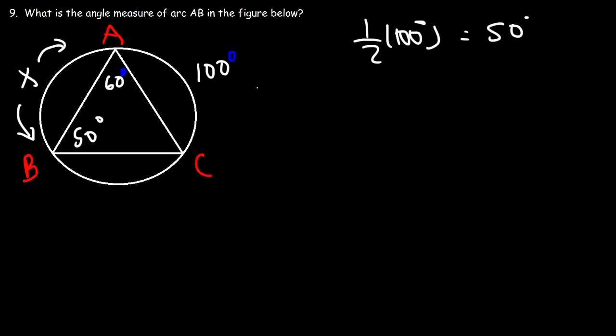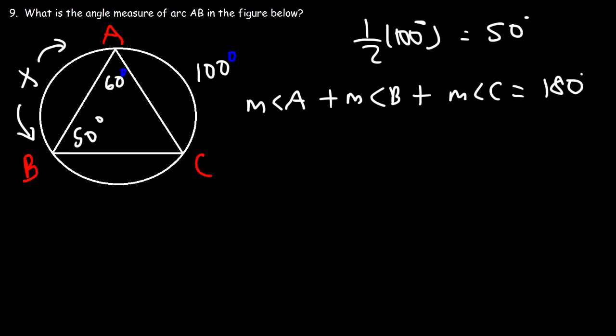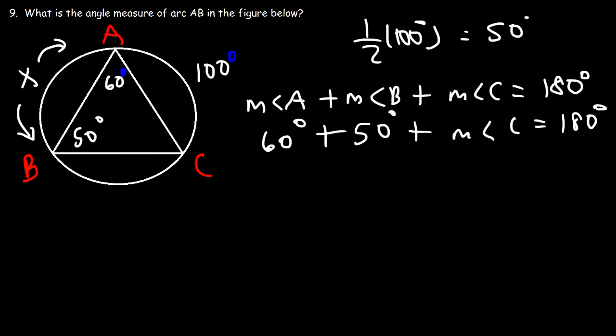And now we can calculate the measure of angle C. The three angles of a triangle must add to 180. So we have the measure of angle A, that's 60 degrees. Angle B is 50. And so now we can calculate the measure of angle C. 60 plus 50 is 110.